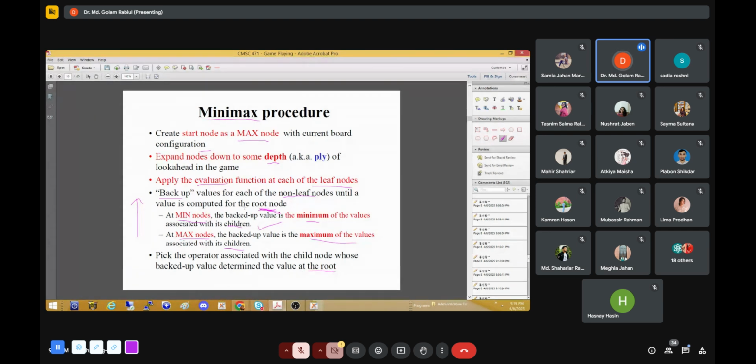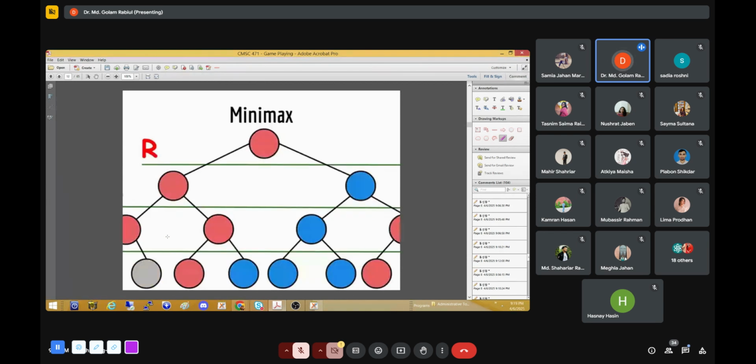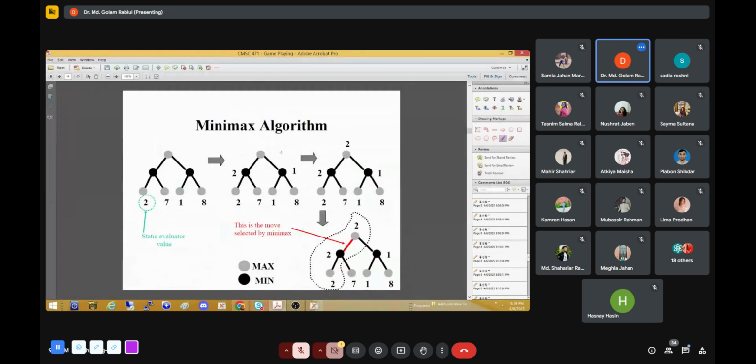Okay, so that means finally we have to find out from the root using the max min procedure. So what does it mean? So this is the minimax algorithm's output.